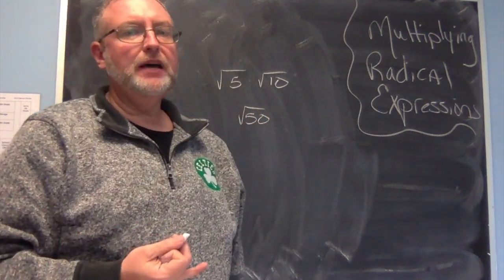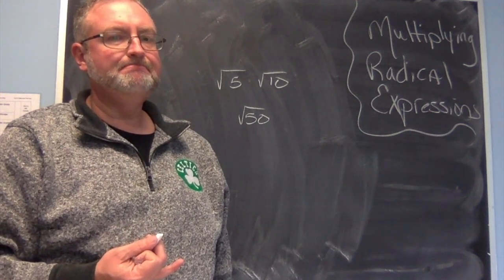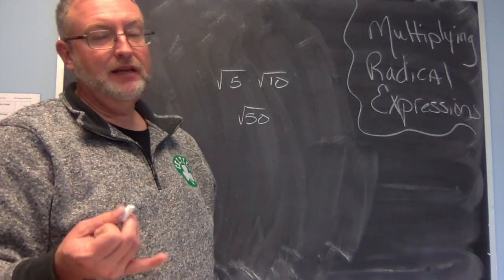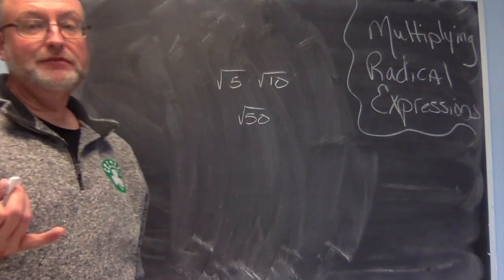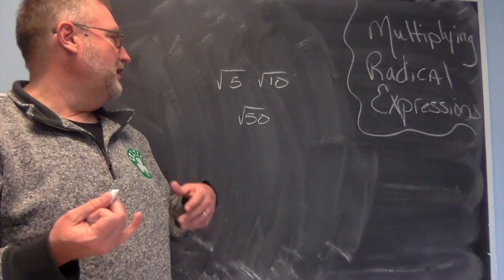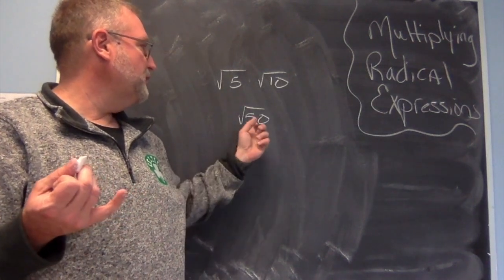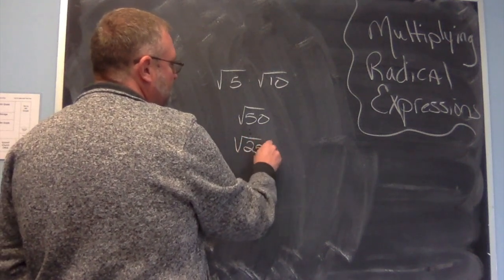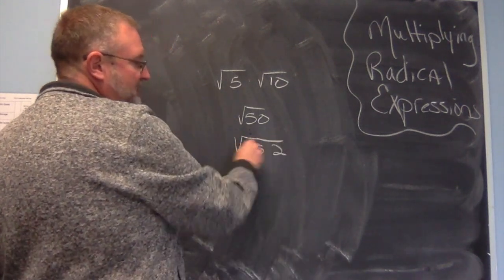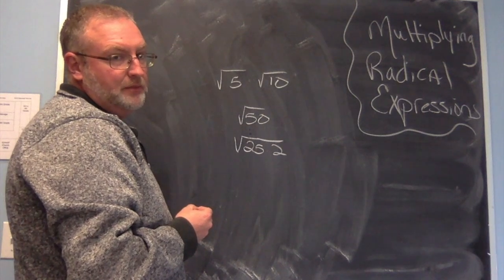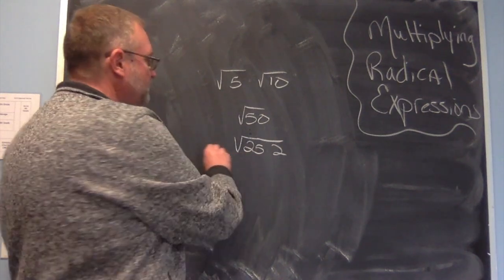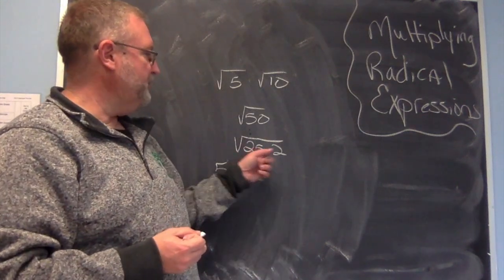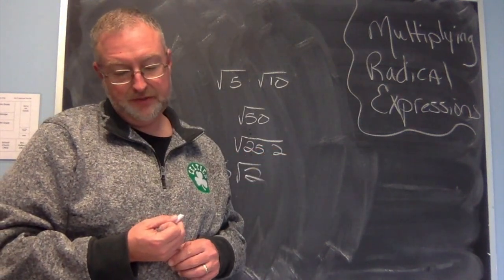Then I look to simplify it by finding a perfect square. 5 times 5 is 25, and 25 would definitely go into it, so it's 25 times 2. What times what is 25? 5, and we're left with the square root of 2. So 5 square root of 2 is the answer.